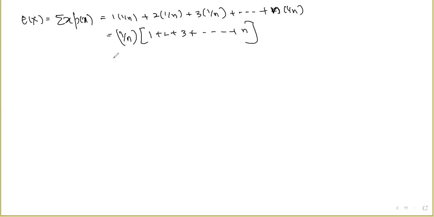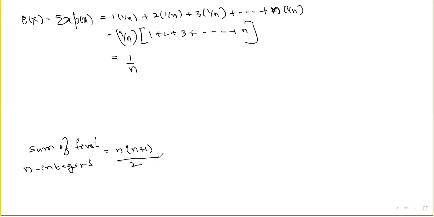This is the sum of first n integers, which equals n into n plus 1 by 2.